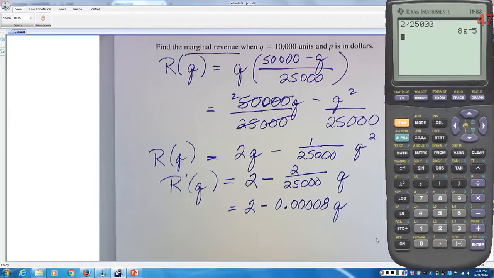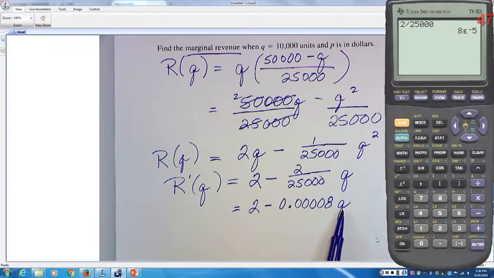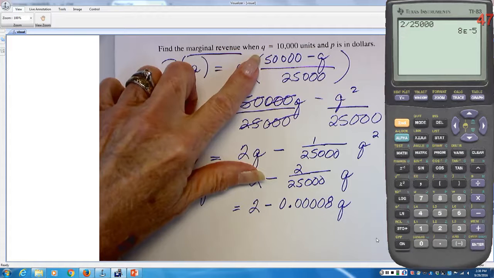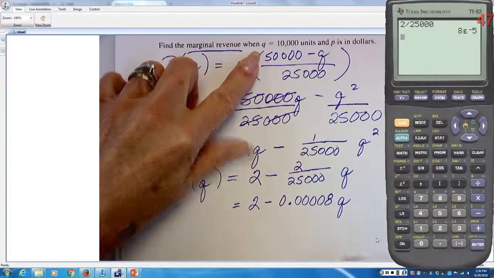So that's her marginal revenue equation. And you can see that that's not much change per 1,000 units. And they want to know the marginal revenue from up here when there's 10,000 units and P is in dollars.